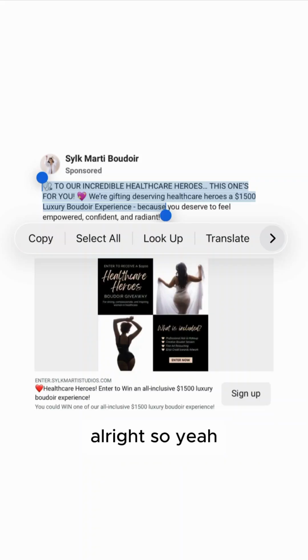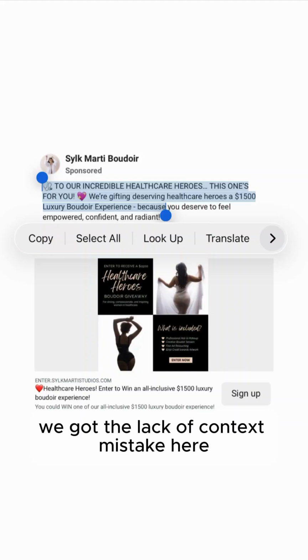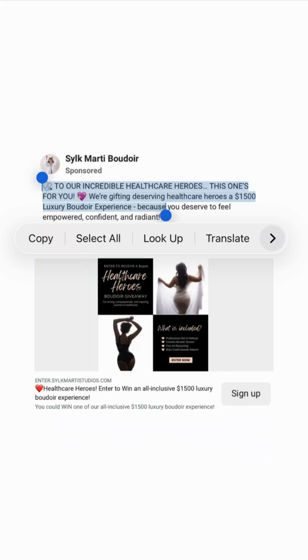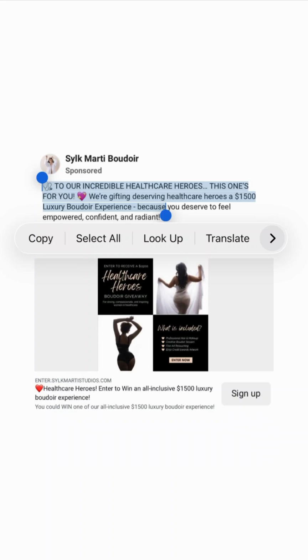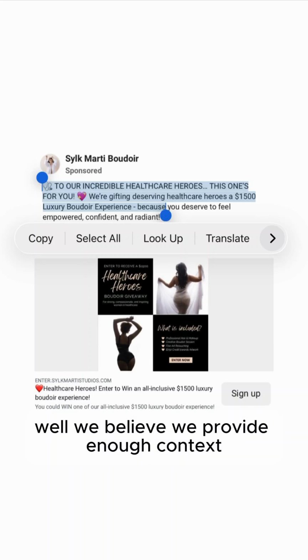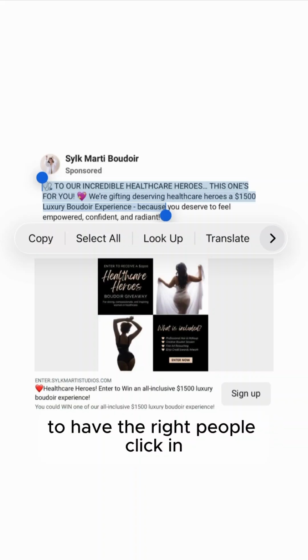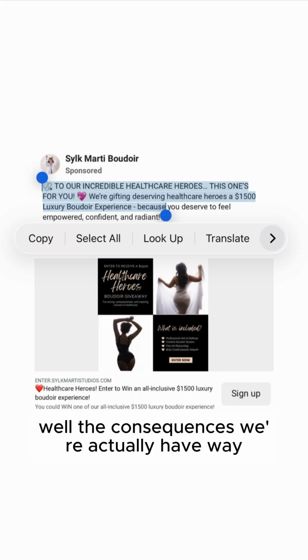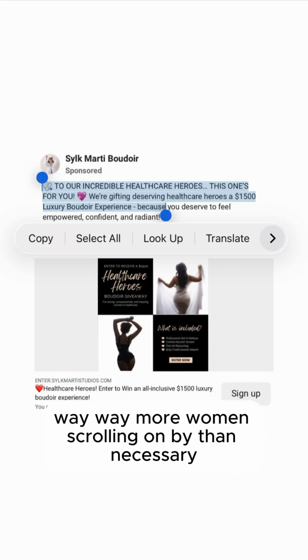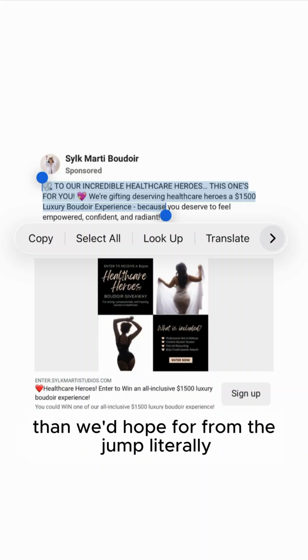All right, so yeah, we got the lack of context mistake here. The false belief causing us to make this mistake is, well, we believe we provide enough context to have the right people click in instead of having them scroll on by. Well, the consequences are we actually have way, way, way more women scrolling on by than necessary than we had hoped for from the jump.